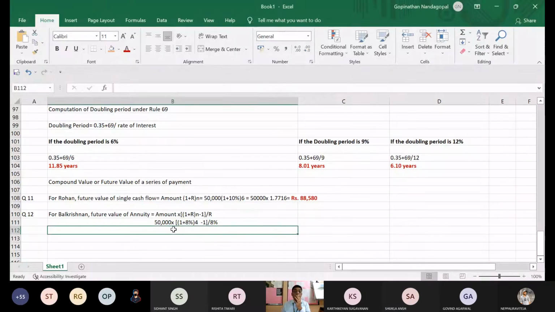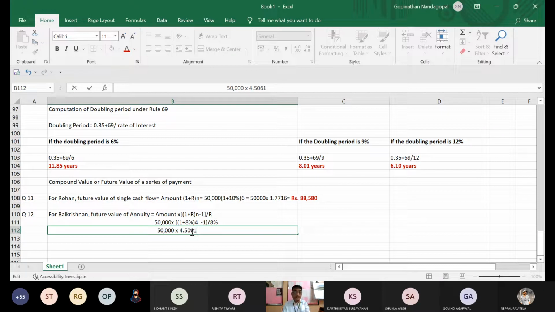Yes, sir. So we can do it like this, the straight method, or you can refer to the annuity table. 50,000 into that, which you have already calculated, 4.5061.